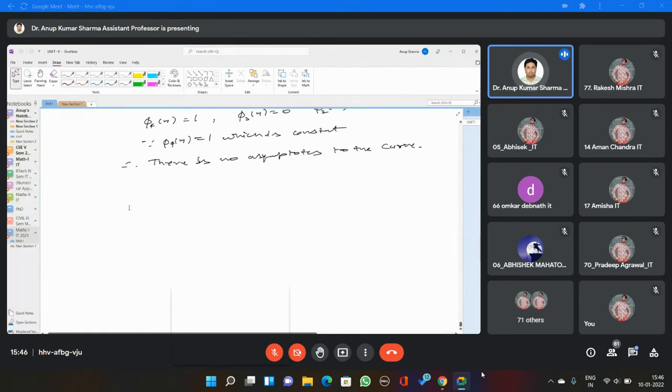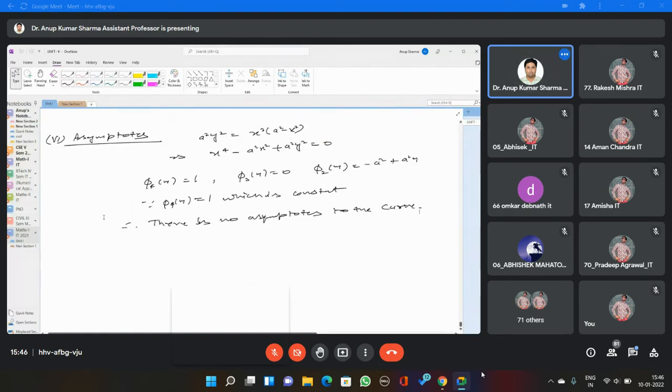Now we come to the very important part, sixth, seventh, region of absence of the curve. The given expression is a square y square is equal to, you must write first, x square times a square minus x square.